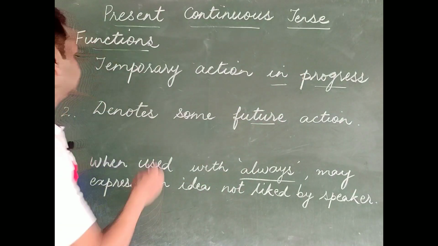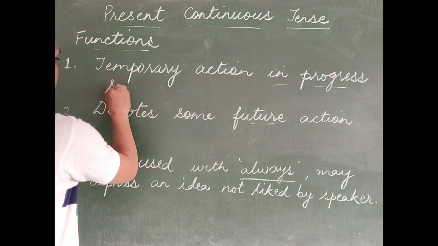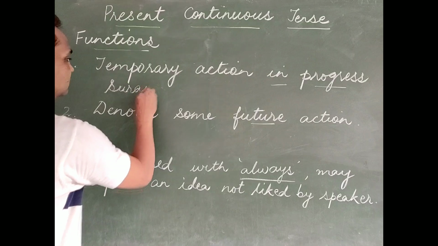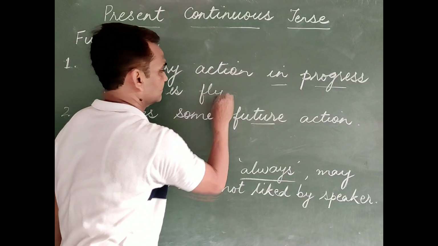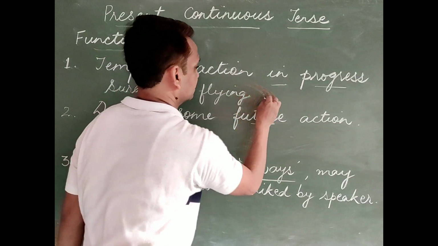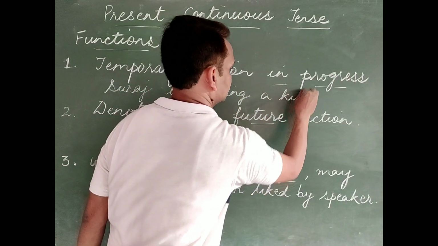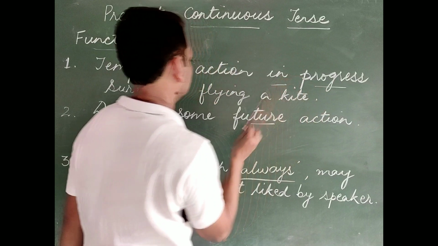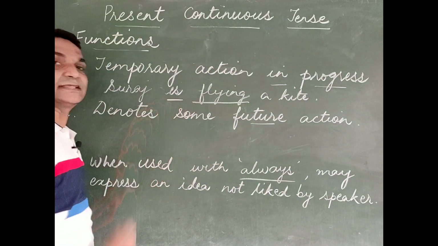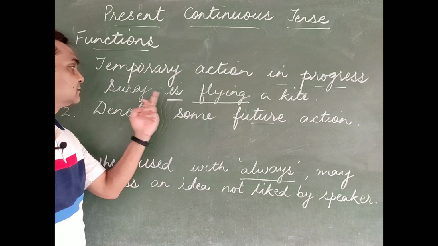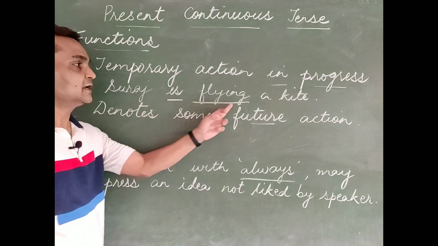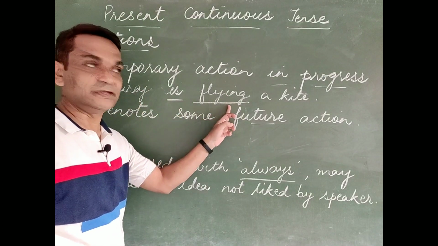For example, Suraj is flying a kite. Now you can see that is the helping verb over here because Suraj is singular subject and we have used ing form of the main verb.